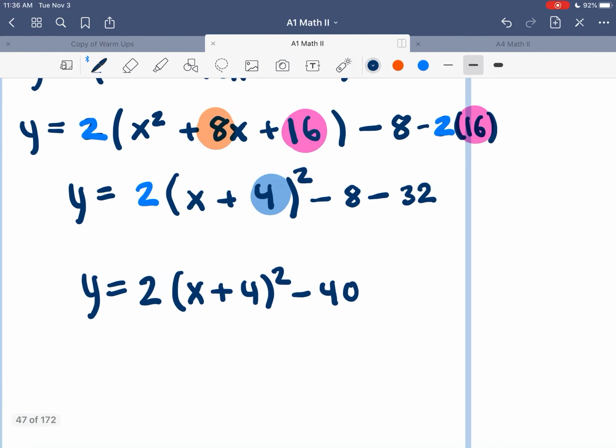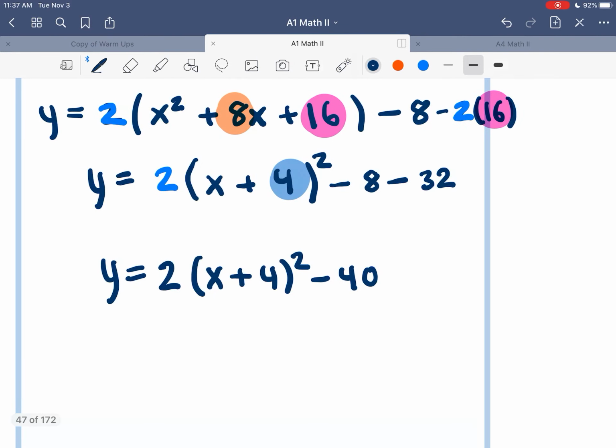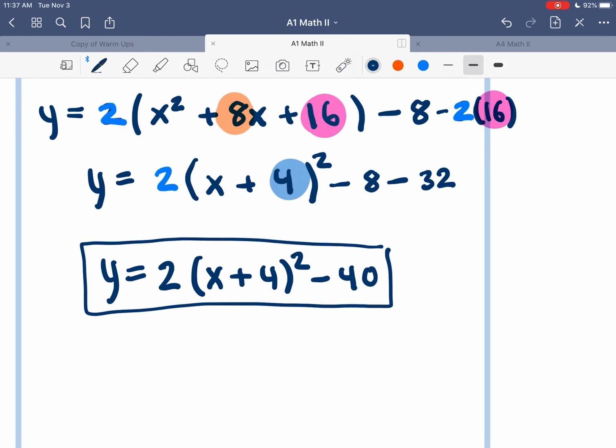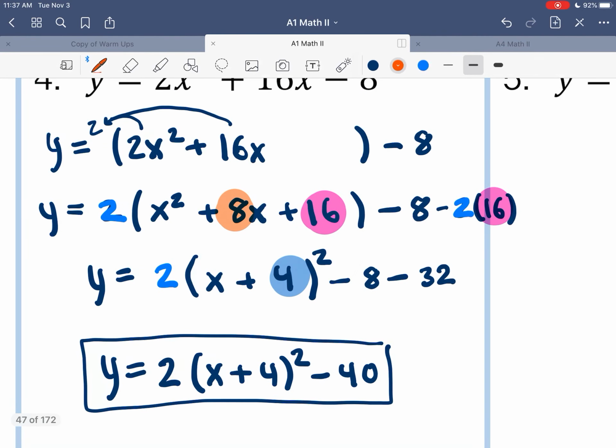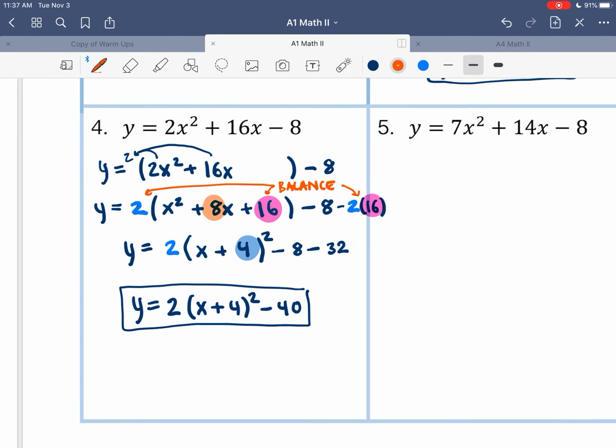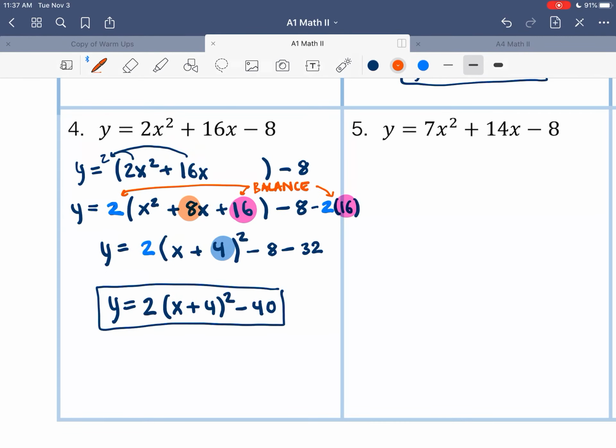That's -8 minus 32. So the 2 stays out front, and that becomes our a value of our vertex form. So here's the vertex form. It got just a little bit crazy when we were doing the balancing act here. Got to be careful when there's a leading coefficient, because you have to factor that in when you're balancing your equation.